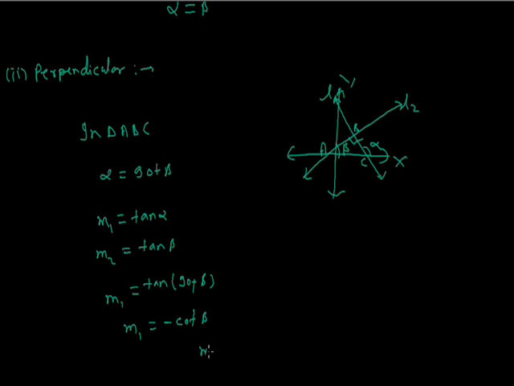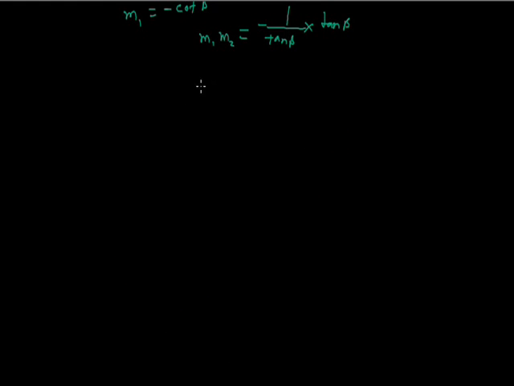So now m1 into m2 is equal to minus 1 upon tan beta, because we can write cot beta as 1 upon tan beta, into m2, which is equal to tan beta. So here we can see that m1 into m2 is equal to minus 1.